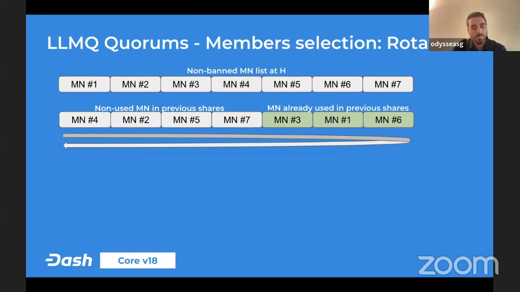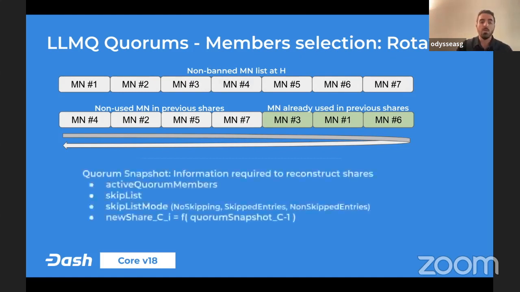Something important: since we assume that you already know the previous share of each quorum index, you're not allowed to select again the same masternode in the same quorum index. So if that is the case, then you need to skip this masternode. So you also keep a skip list of the masternodes that are being skipped for selection. And so basically, this is the algorithm.